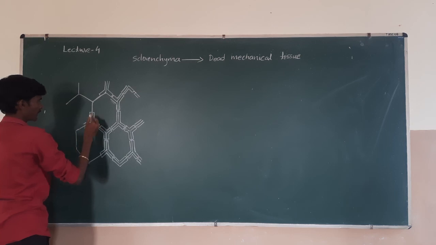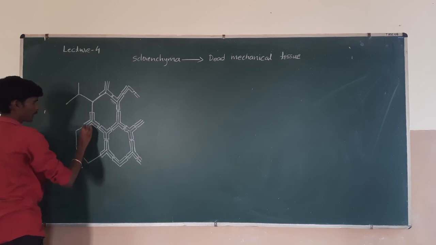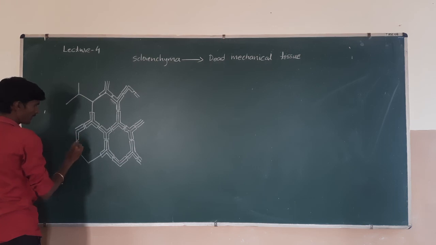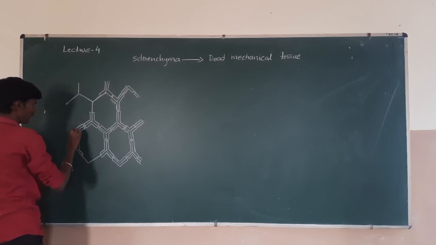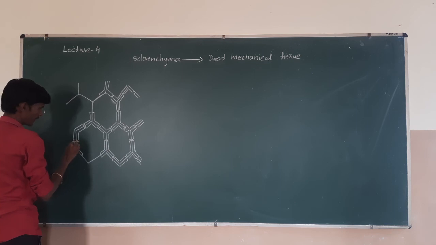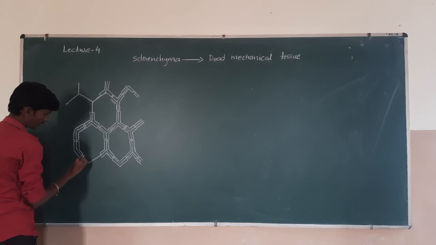Why is it called a dead mechanical tissue? Because the cells are dead. Collenchyma is a living mechanical tissue because the cells are living, but here in the sclerenchyma, it is dead in nature. So it is called a dead mechanical tissue, and it also provides mechanical support.